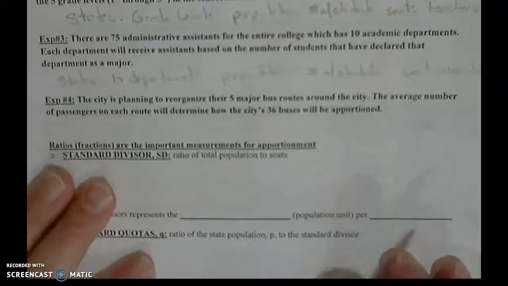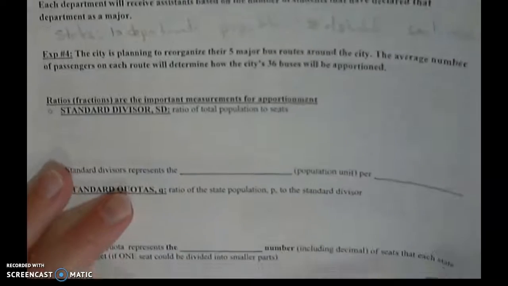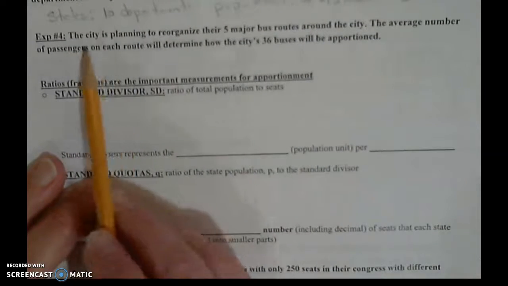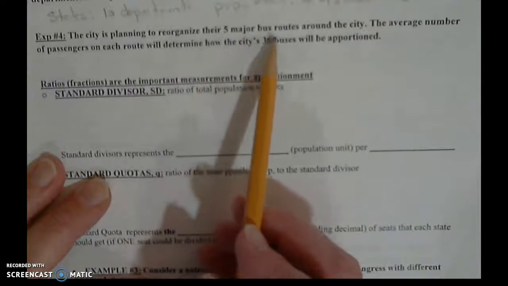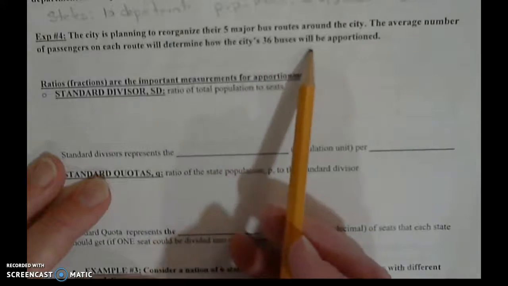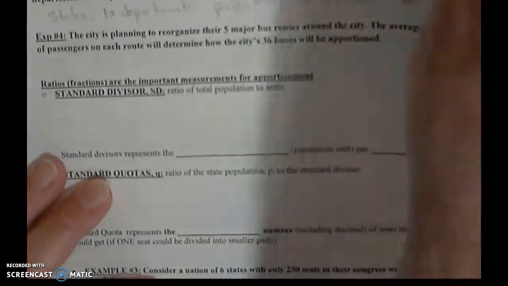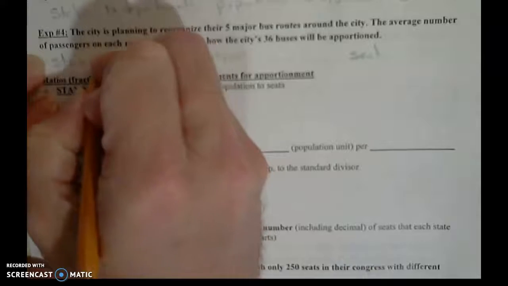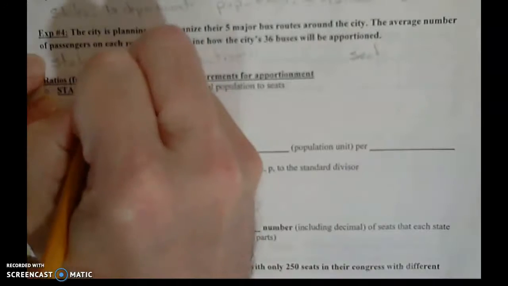And then last but not least, let's look at example 4. The city is planning to reorganize 5 major bus routes around the city. The average number of passengers on each route would determine how the city's 36 buses will be apportioned. So what are my states? My states would be the 5 bus routes.